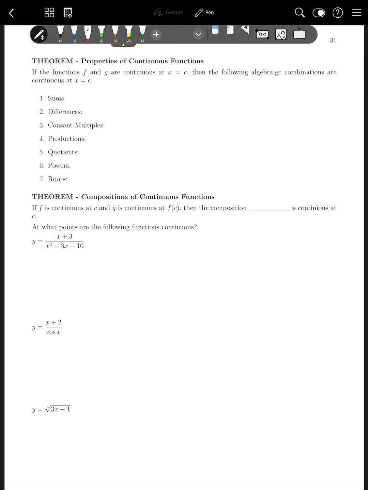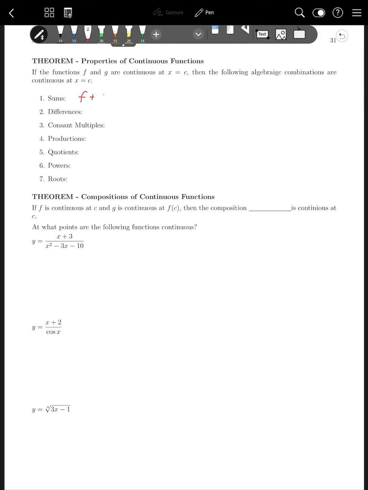So one of the nice things about properties of continuous functions is they break down really nicely into smaller and smaller pieces. For example, it says if the functions f and g are continuous at x equals c, then the following algebraic combinations are continuous as well.